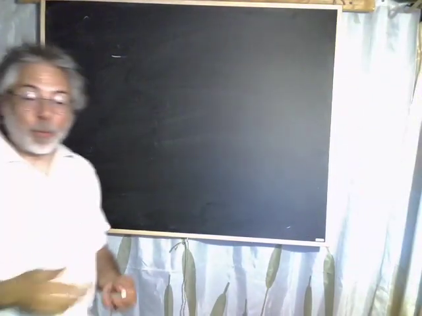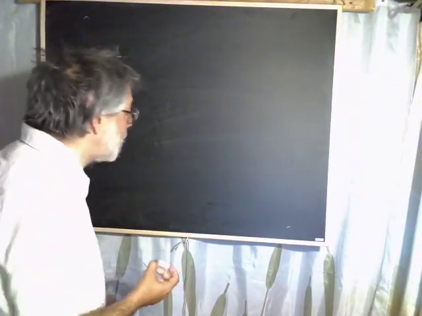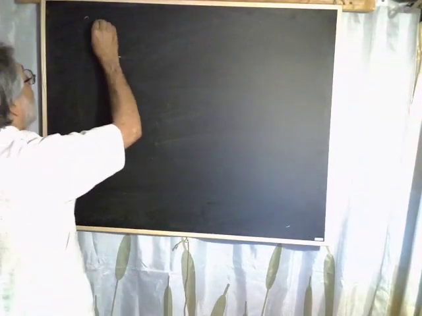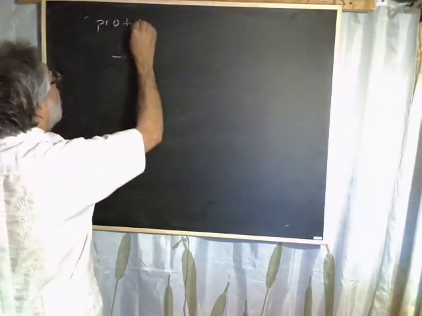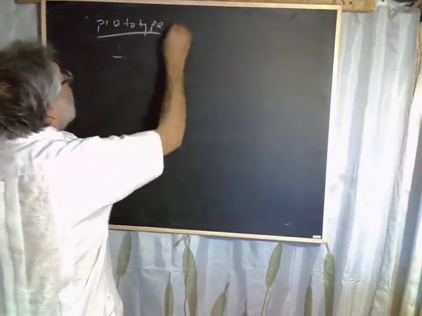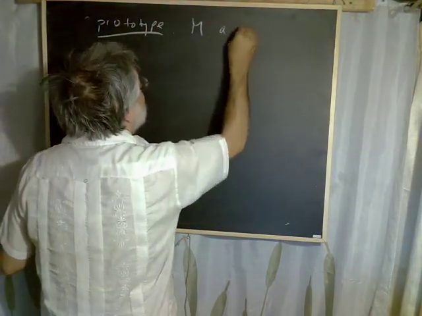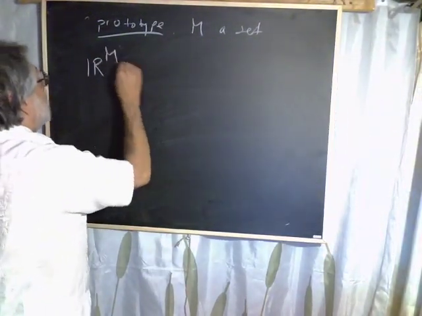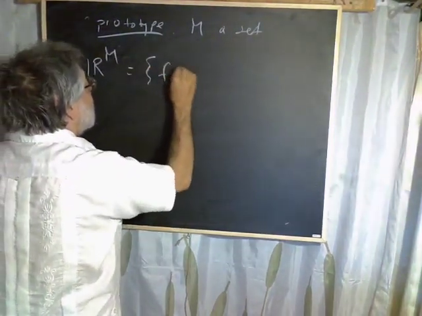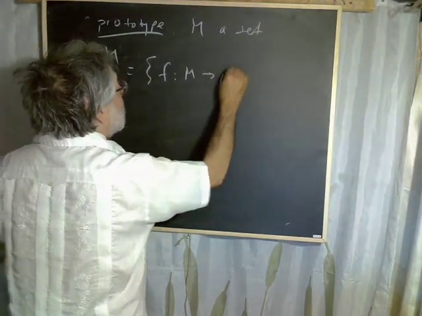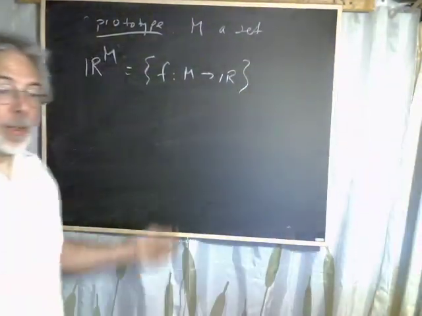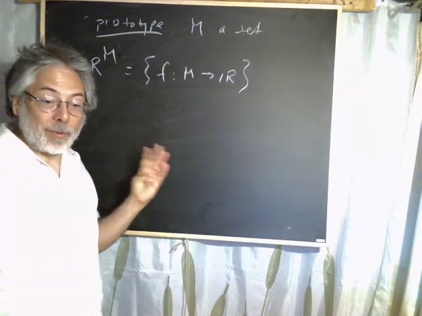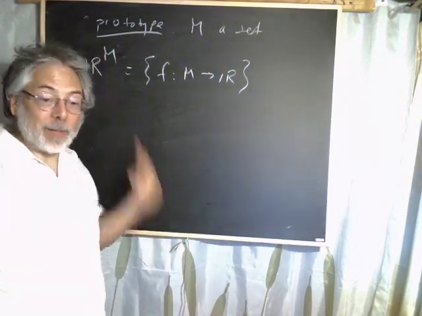There's one huge prototype for vector space, something which generalizes the example that we had. I call this the prototype. If M is a set, any set, then you define this one here, the set of all functions from M into the reals. And these form a vector space. You can check all these laws that this has to satisfy.